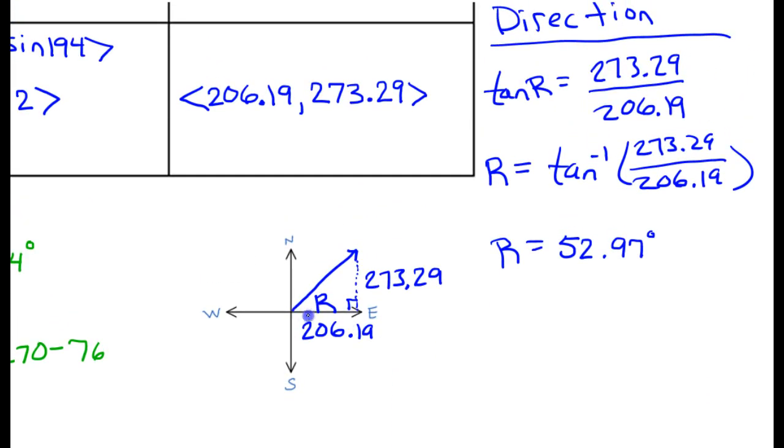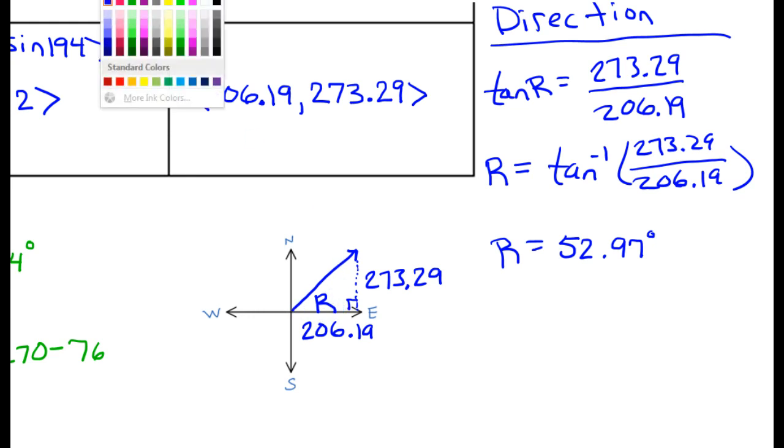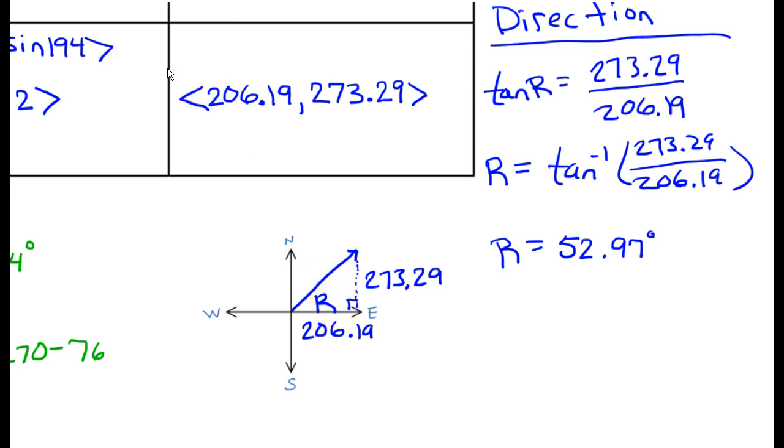So we might as well use the reference angle. We could think of the position of this vector as starting from east and then turning r degrees towards the north. Alright, we can think of it as starting at east and turning towards the north by 52.97 degrees.